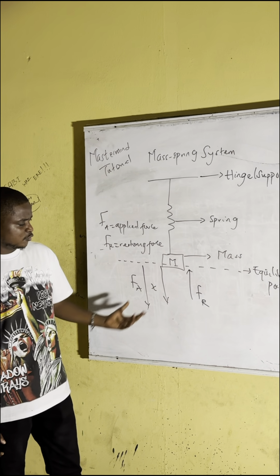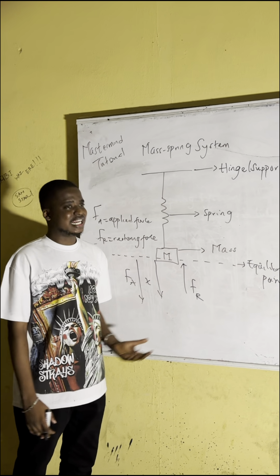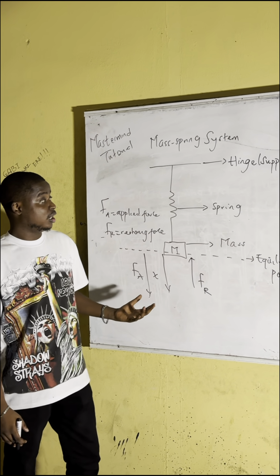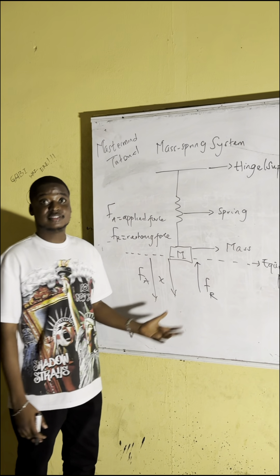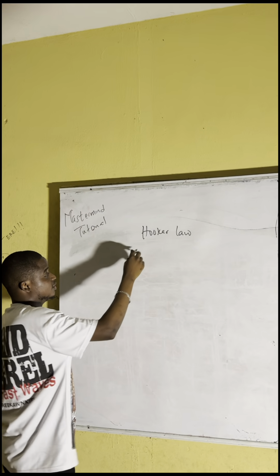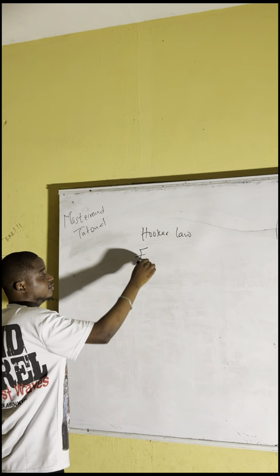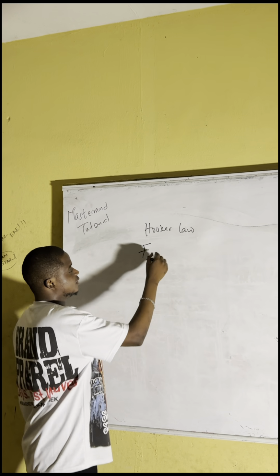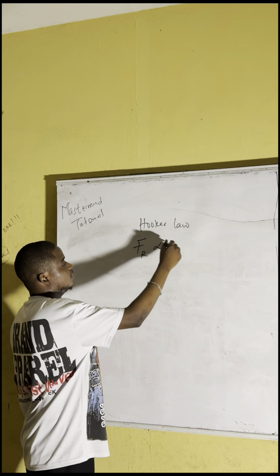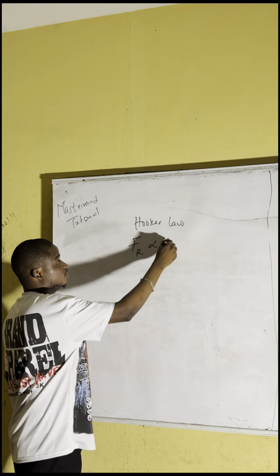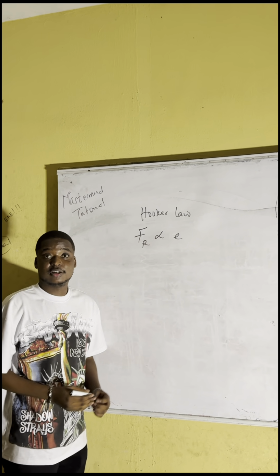So the next thing we have to do is Hooke's law and how it applies to the mass spring system, which says that the restoring force is directly proportional to the extension.